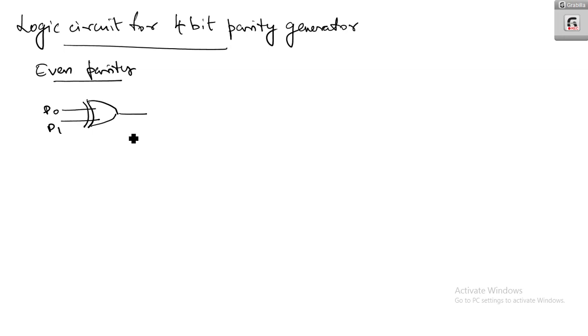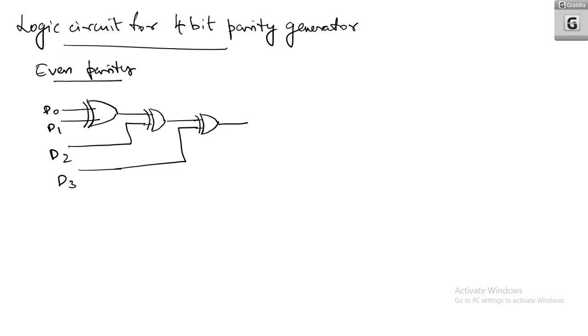That result is XOR with D2. I am going to explain this with 2-input XOR gates. Again, that result is XOR with D3. Okay. So here you will get the parity bit. This is the even parity.